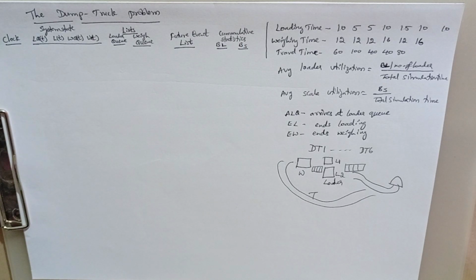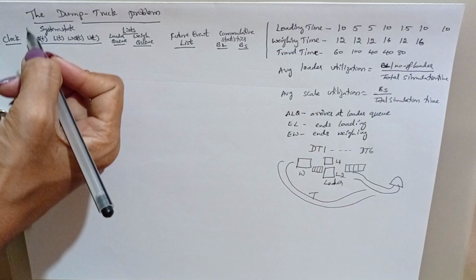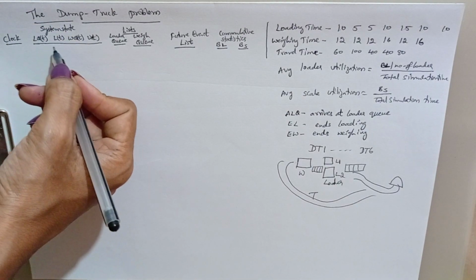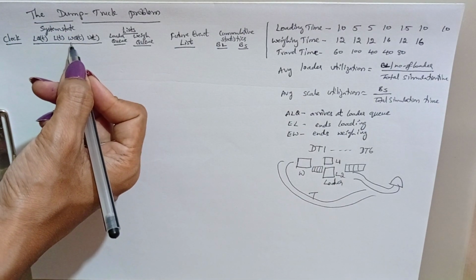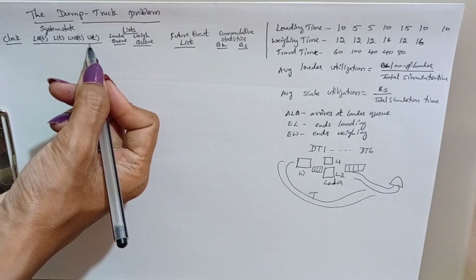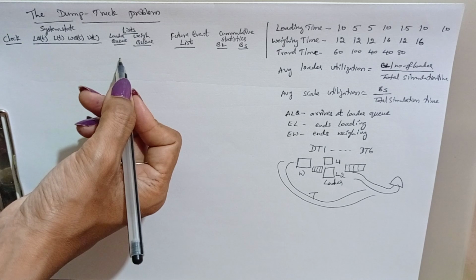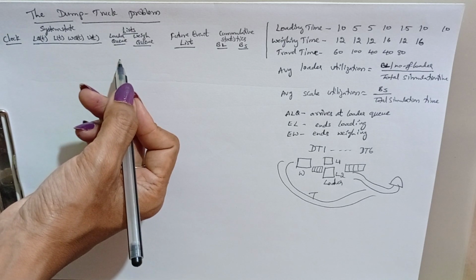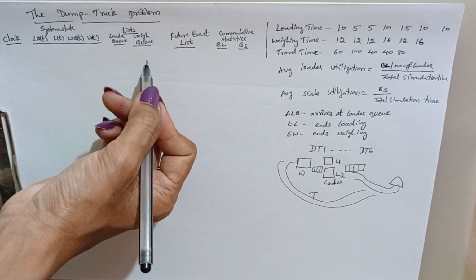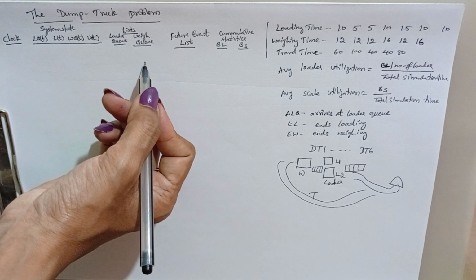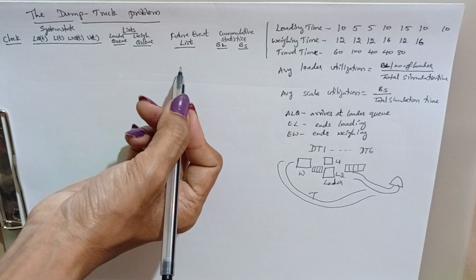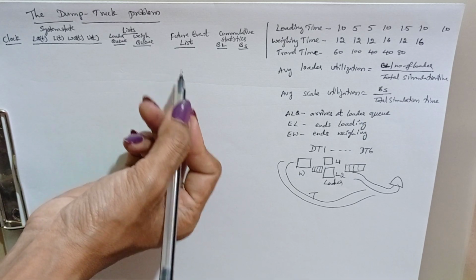This consists of parameters: clock, and the system state, representing here LQ of T is loader queue at time T, loader at time T, weighing queue at time T, weighing at time T. Here we list the dump trucks in the loader queue and the weighing queue, meaning waiting, and the next future event notices.